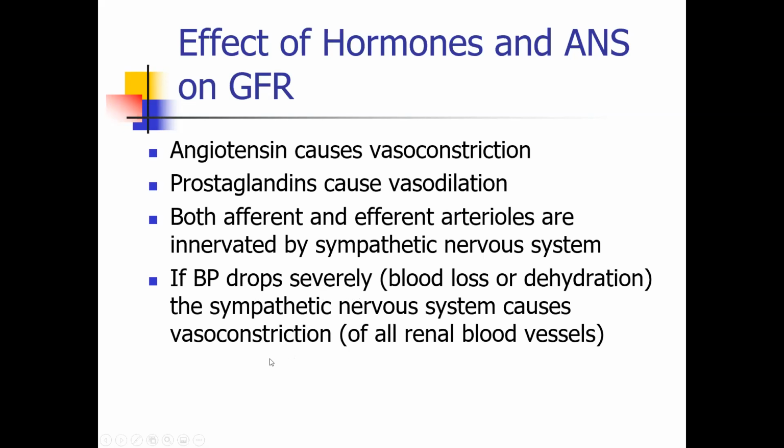The idea is you don't want to filter the blood if you have very, very low blood pressure, because you need to maintain all the fluid on the arterial side in the blood as possible. Then if you get back to some normal, the sympathetic nervous system will shut off, and then the kidneys go back to filtering the blood again. So this causes a decrease in GFR. So somebody who has really, really low blood pressure is not going to be producing a large amount of urine or filtrate.